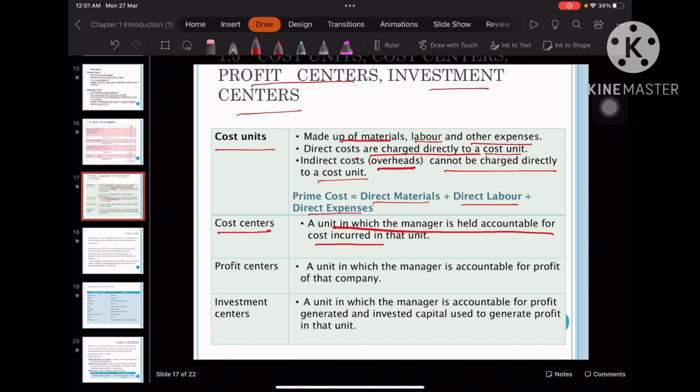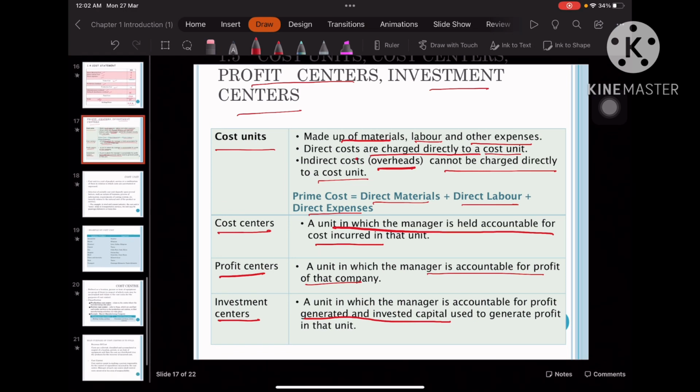So it means where the unit is that is going to be accounted for the cost. A profit center is a manager or a place accountable for the profit of the company. And an investment center is accountable for generating and investing the capital. So this is the center where the investment of the company is going to be made.